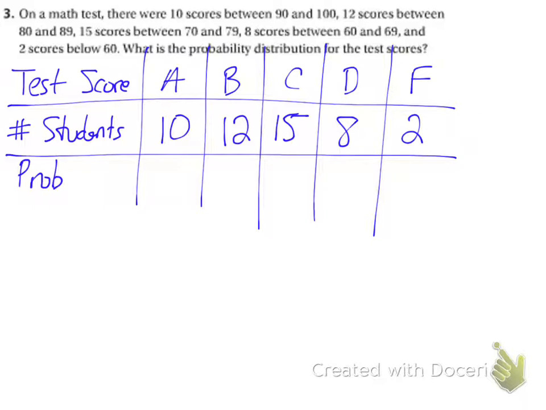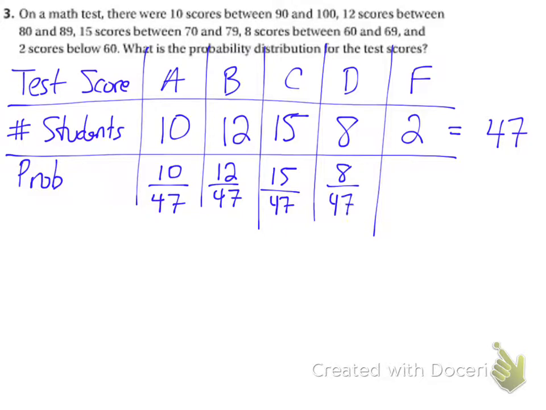It's important that we realize how many total students we have here, which we don't really know. It wasn't given to us, and so it's 47 total students. So my probability here, the frequency, is 10 over 47, 12 over 47, 15 over 47, 8 over 47, and 2 over 47.